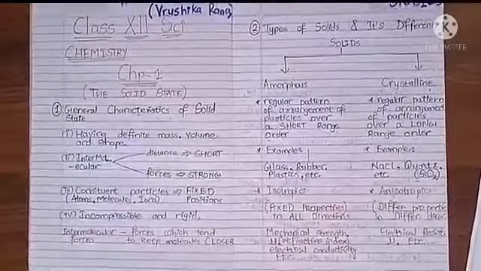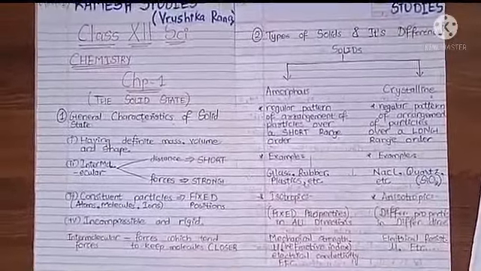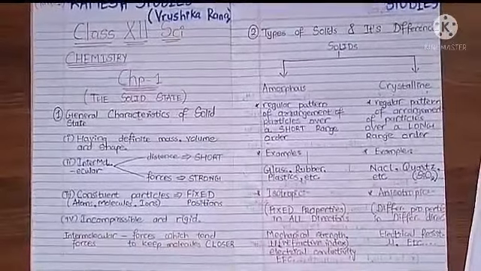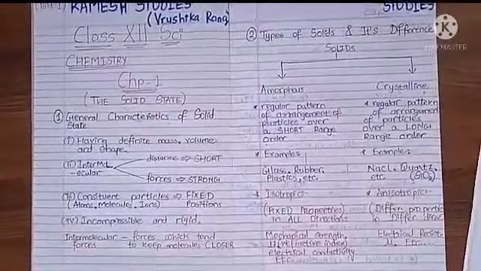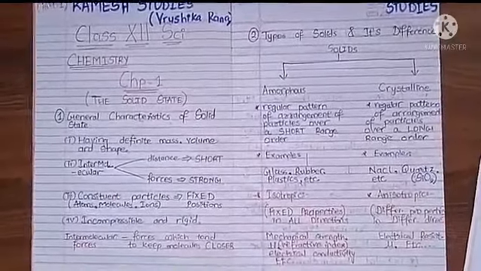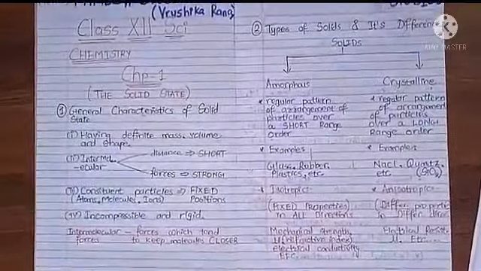My regular pattern is repeated only for a short range. For crystalline, there is a regular pattern of arrangement of particles over a long range order, which says that my pattern is repeated over a long period of time.